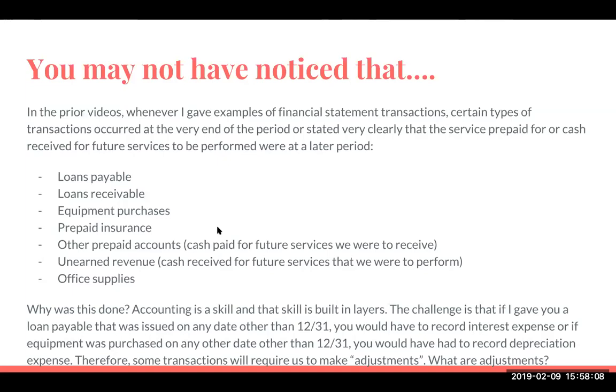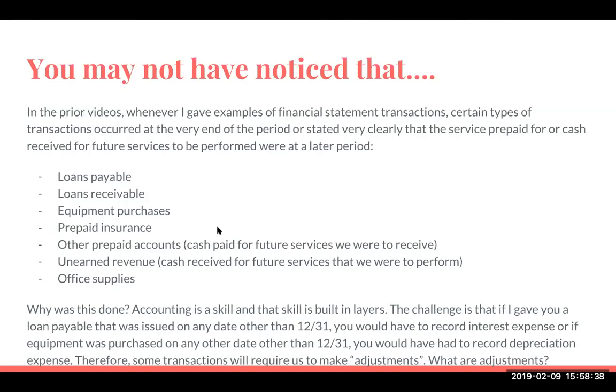Well, accounting is a skill, and that skill is built in layers. The challenge is that if I gave you a loan payable that was issued on any date other than December 31st, you have a problem, because if I've borrowed money, I have to pay interest, because interest expense in this case shows the use of my cash over a period of time.